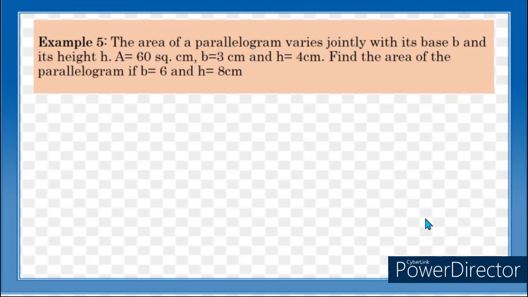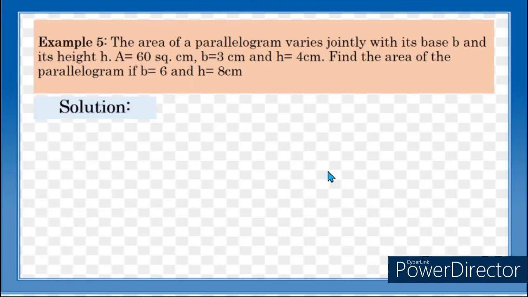So, the area of the rectangle is 144 square centimeter. Okay, another example. So we have here the area of a parallelogram varies jointly with its base b and its height h. Okay, so the area of the parallelogram is 60 centimeter square, and the base is equal to 3 centimeter and the height is equal to 4 centimeter. Okay, so let us find the area of the parallelogram if the base is equal to 6 centimeter and the height is equal to 8 centimeter.